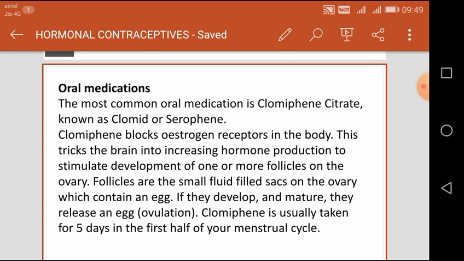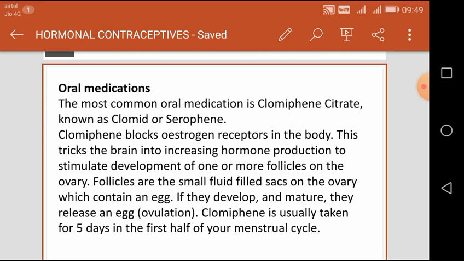So these follicles are the small fluid filled sacs on the ovary which contain an egg. You know the structure of follicles from first year; you could have read about it. We cannot explain it right now, as it would take another big class, a 2 hour session.